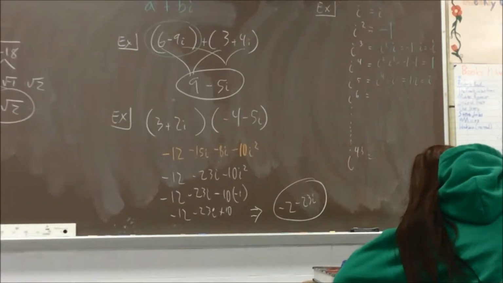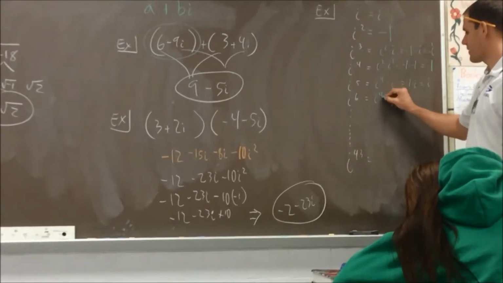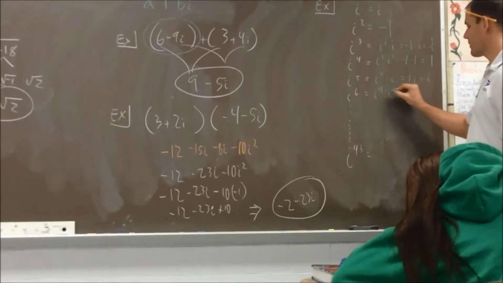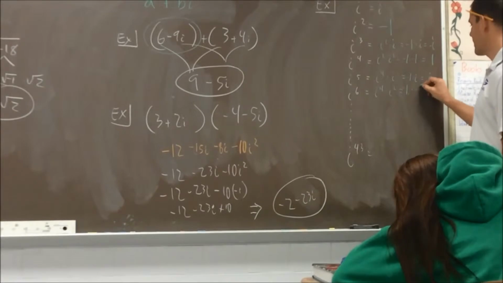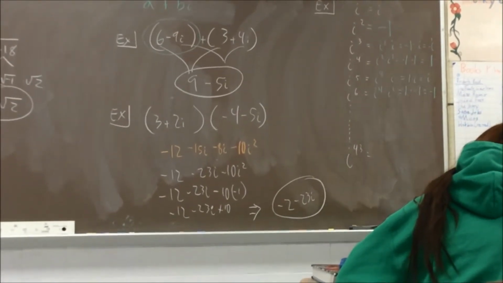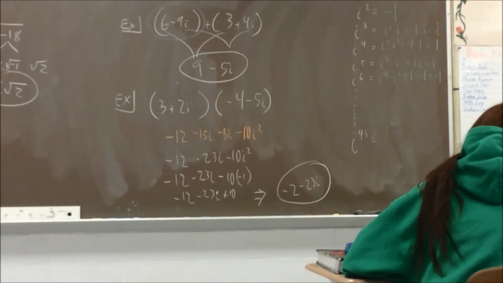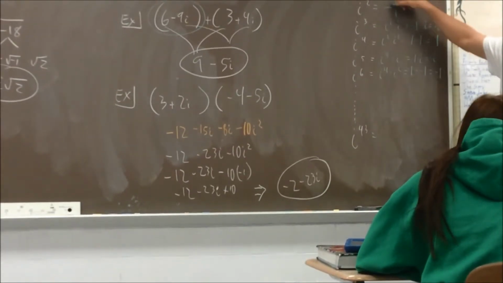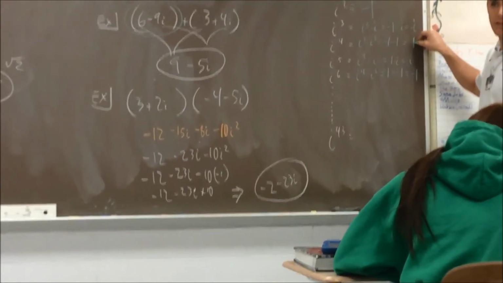What's i to the sixth? i to the fourth times i squared. i to the fourth is 1. i squared is negative 1, so it's negative 1. Are you seeing a pattern here? Yep. After every 4, it starts over, right?